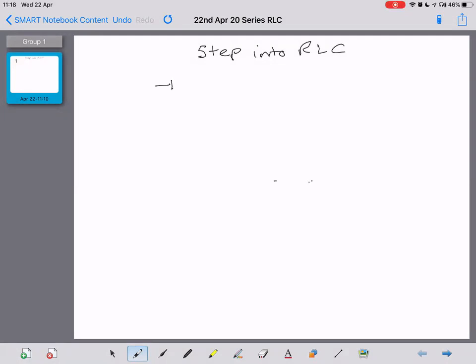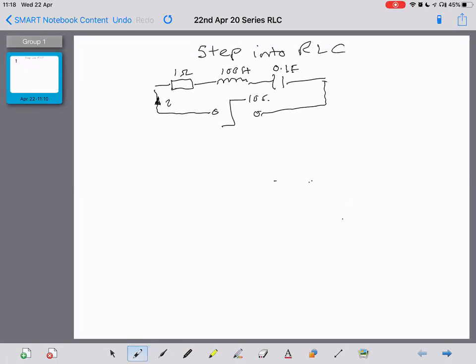If we have a 1 ohm resistor, a 100 Henry inductor, and a 0.1 farad capacitor connected to a step voltage of 10 volts, we're looking to find an expression for I(t). So we're looking to solve that circuit.